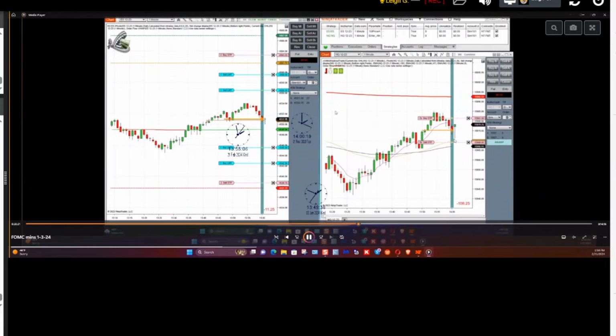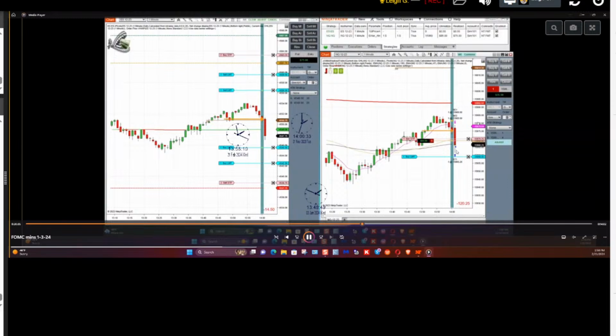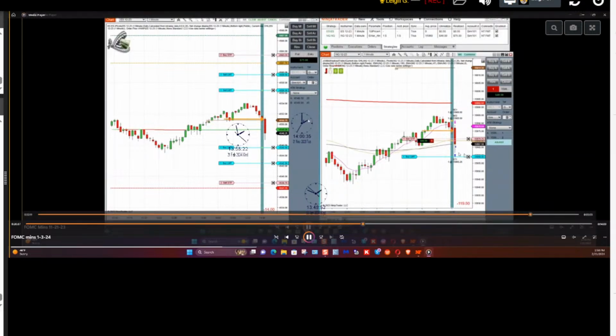A little bit of chop. You could see the ES. We know the ES hasn't been moving on this report. And then the NQ goes and fills, and actually looks like it hits target 1. And one of the reasons we look for a different setup on the NQ is inconsistency, right?